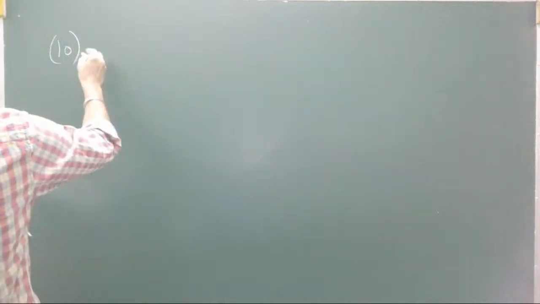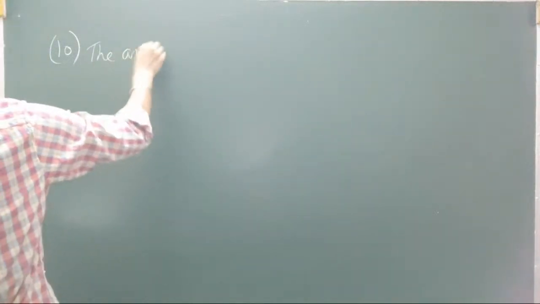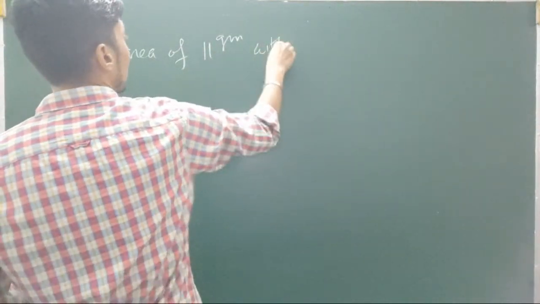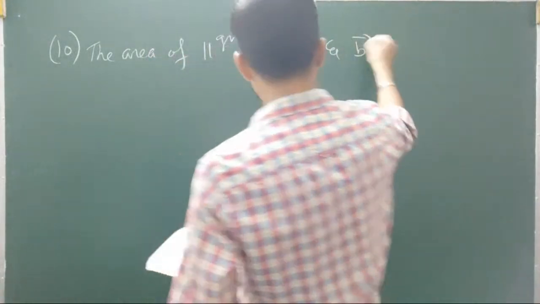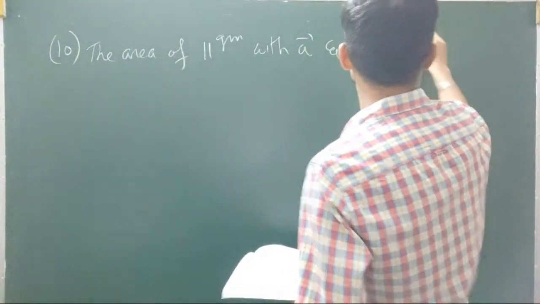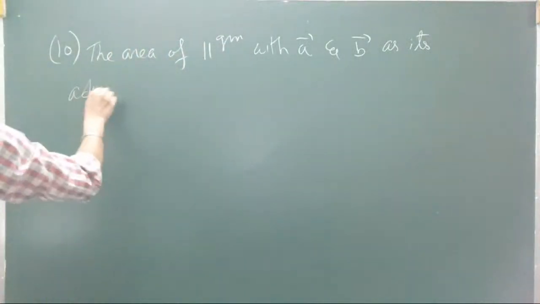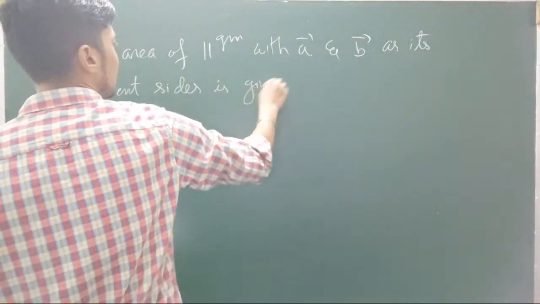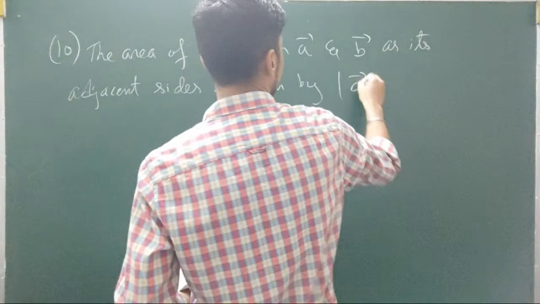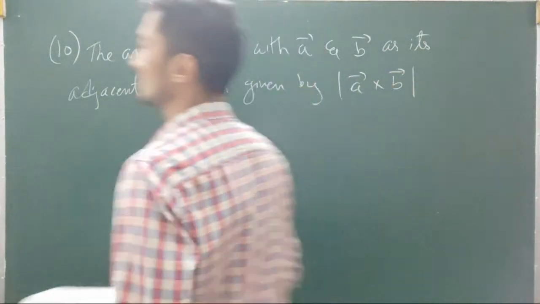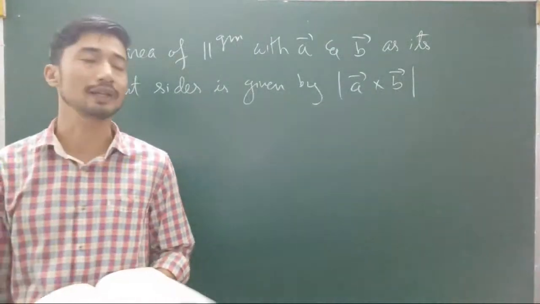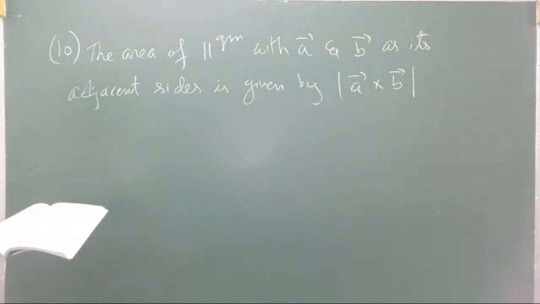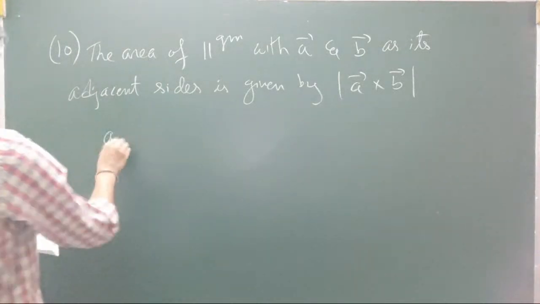This one also you will have the formula, but I'll just give you: the area of the parallelogram with vector A and vector B as its adjacent sides is given by the magnitude of A cross B, double the area of the triangle, because we know the relationship between parallelogram and triangle, especially with the diagonal in terms of area. So we'll have to first find A cross B.